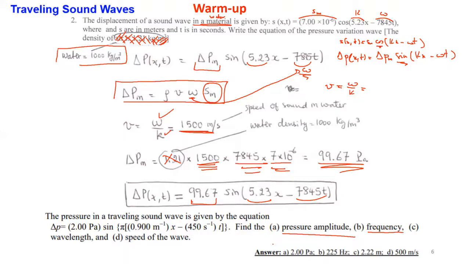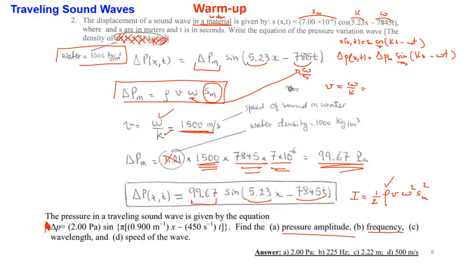Now, let me tell you something. If I ask you to find me, for this wave, for instance, the intensity of the wave, of course, you know that intensity is a half rho V omega square Sm square.